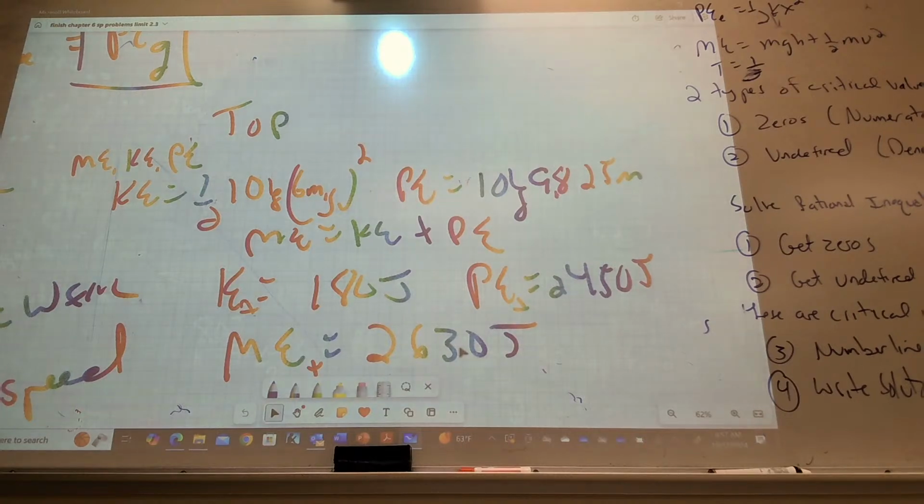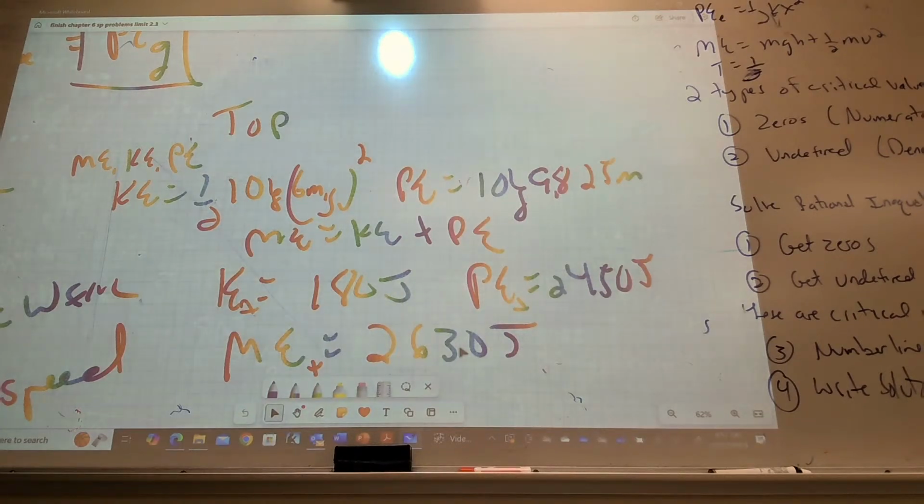Okay, now is this number? That was the potential energy on that, and then you had to add in this, which was 180, to get your total sum, mechanical energy being 2,630 joules. The sum of the two. So mechanical energy is this plus that.